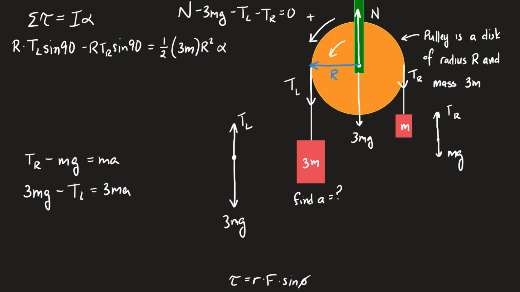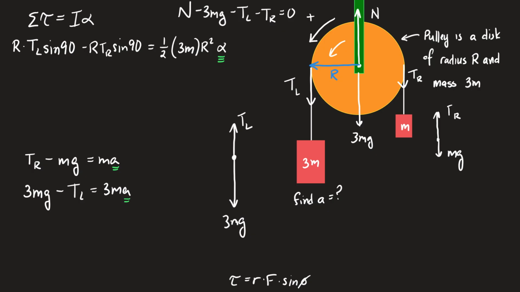Now we can reduce this a little bit, but before we do, I want to point out that in any problem that has rolling or has boxes attached to a pulley, just about any one of these questions, there's going to be a part of your problem where part of your system is going to have an angular component and part of your system is going to have a linear component. You're going to have to bring these things together and figure out whether they're related or not.